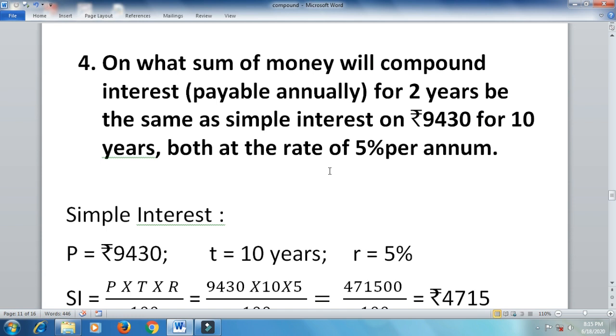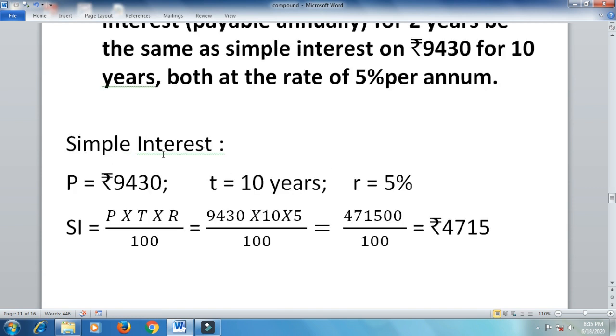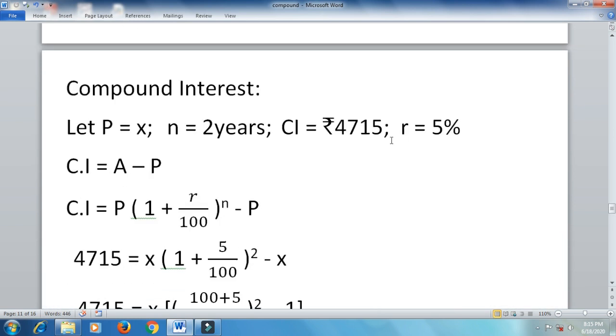Simple interest: principal 9,430, T or N is 10 years, rate 5%. So the simple interest calculation will be equal to 4,715. This simple interest is equal to the compound interest obtained for 2 years at the rate of 5%, with the principal considered as X.